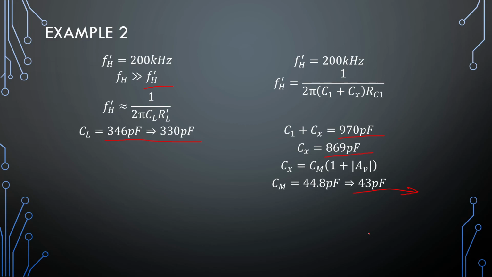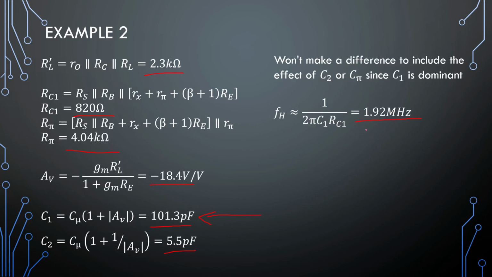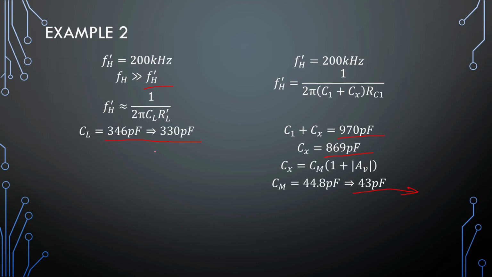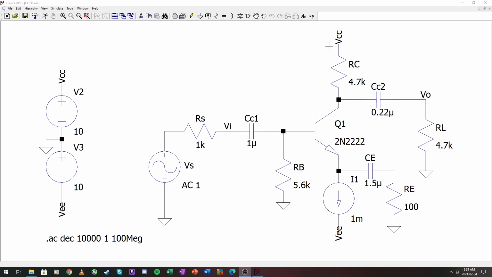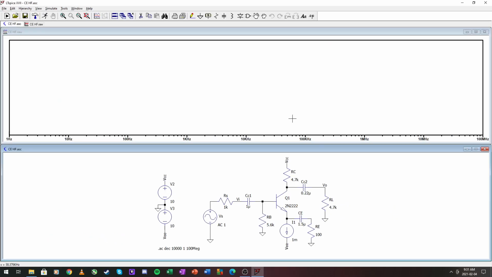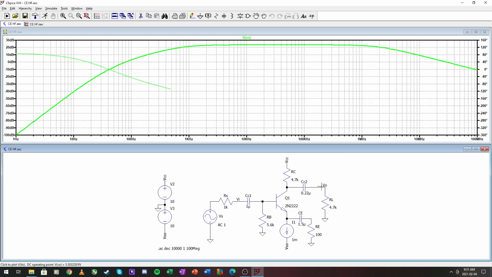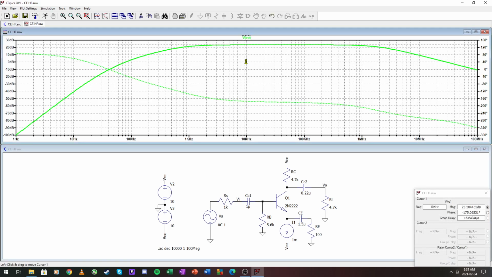Okay, so let's check out our simulations to see our higher frequency, if it's aligned with this 1.92 megahertz, and then our load and our Miller cap. So starting off with higher frequency, this is 23.6 decibels, so we need to go to 20.6.